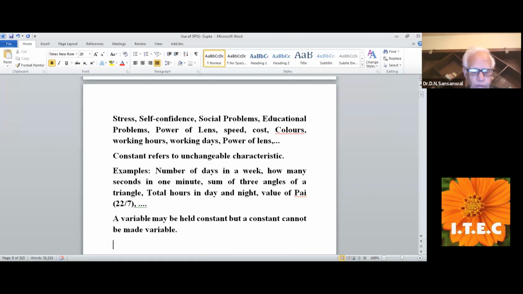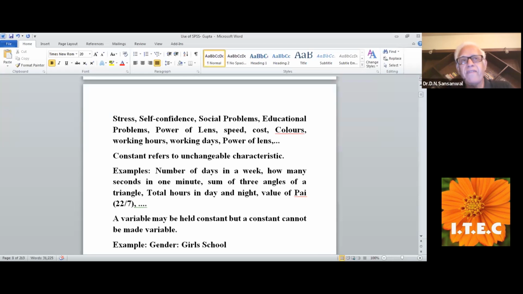If you have gender, so gender is a variable, and if you say that it is the girls' school, that means in that school only girls can be admitted, the boys cannot be admitted.